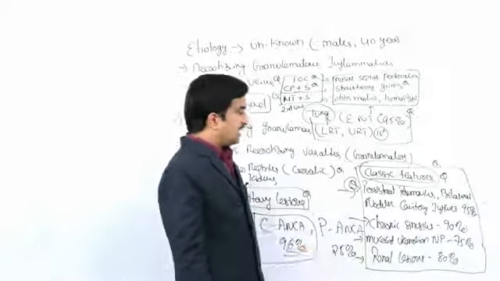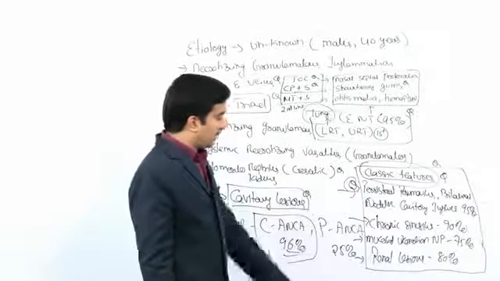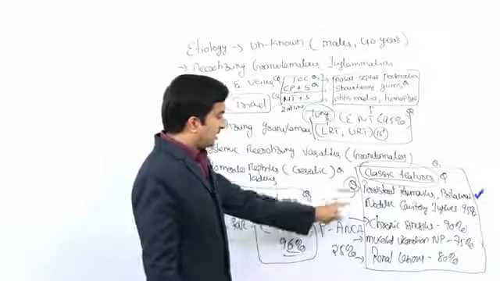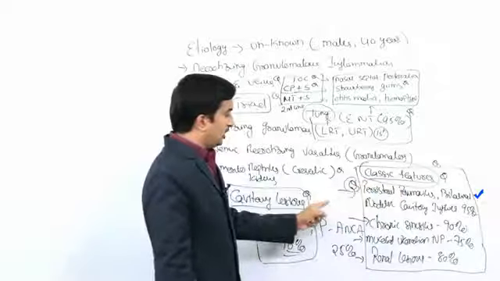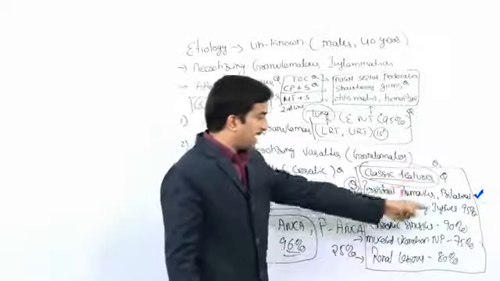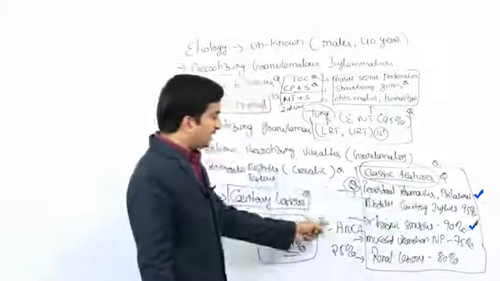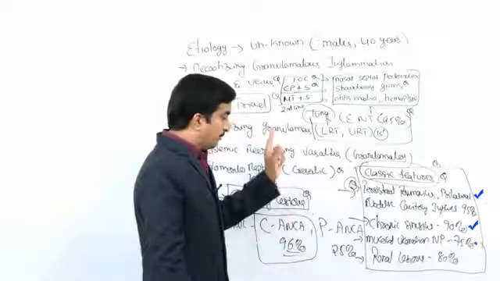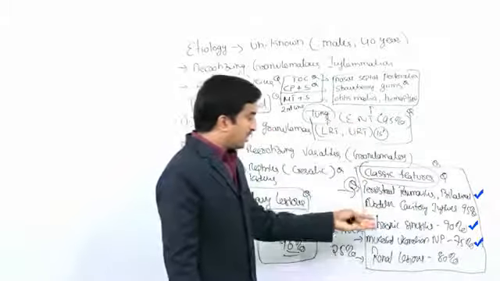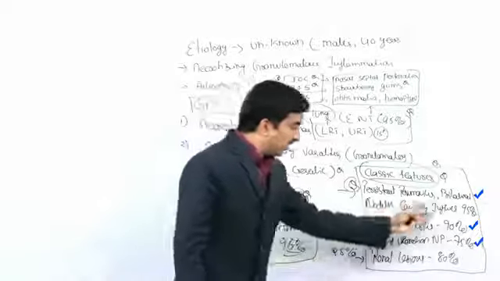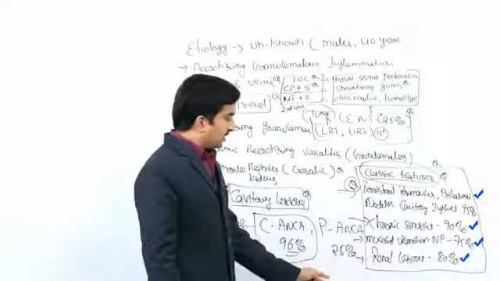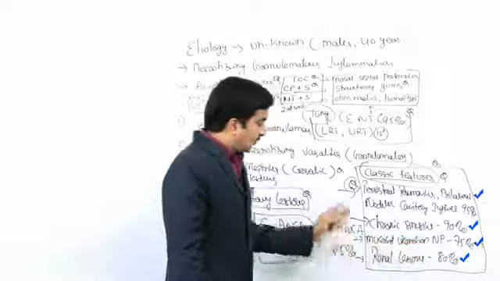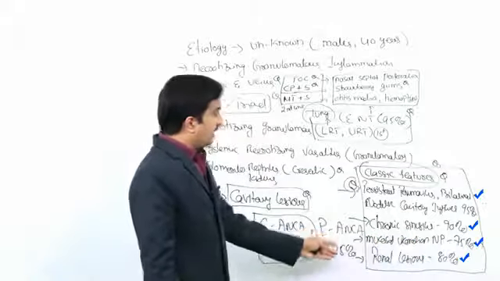Whenever we discuss the classical features of Wegener's granulomatosis, we say there is persistent pneumonitis with bilateral nodular cavitary infiltrates in 95% of the cases, chronic sinusitis in 90%, nasopharyngeal mucosal ulceration in 75%, and renal lesions in 80% of the cases. Renal lesions indicate the severity of the disease.